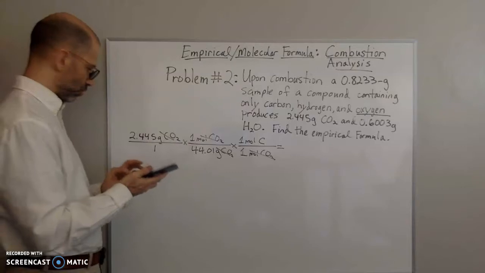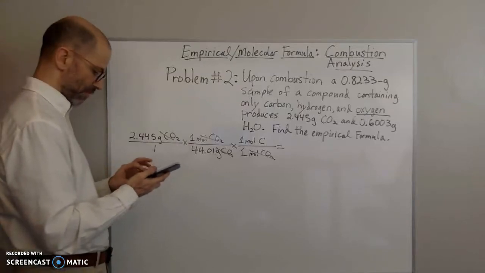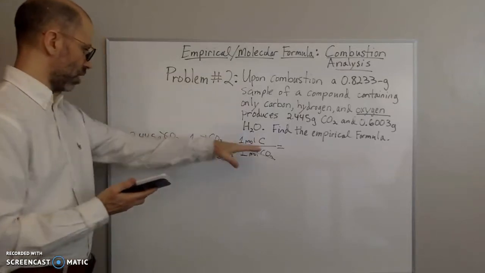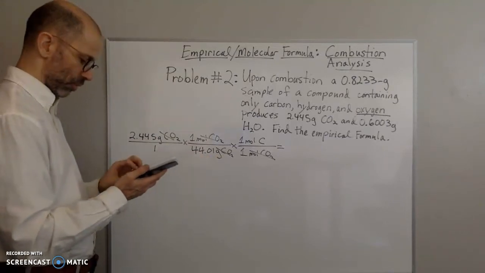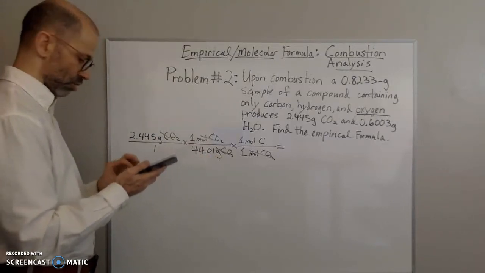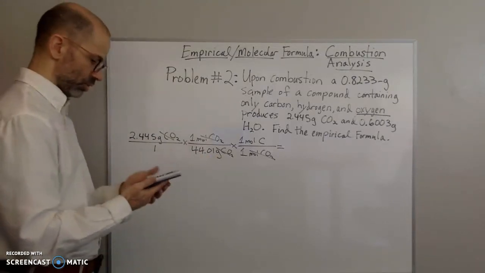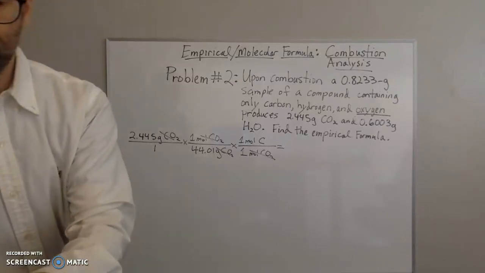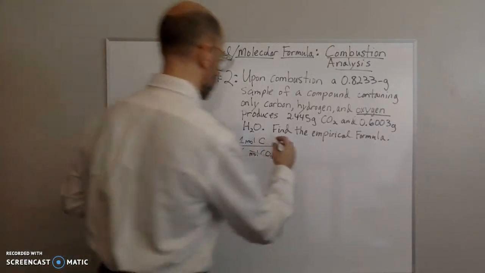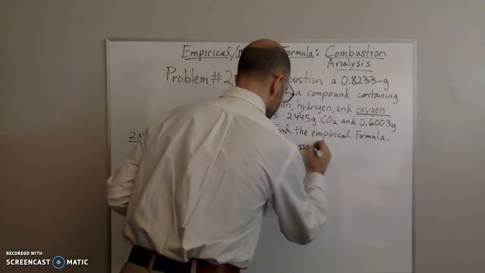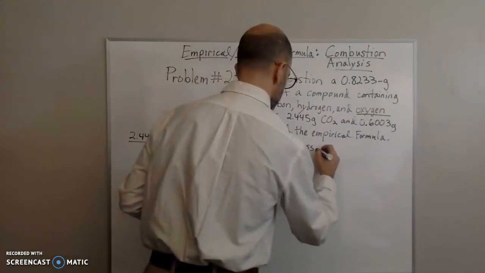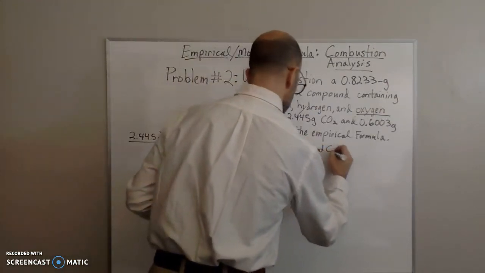So it'll be 2.445 multiply across. We got ones, we can ignore those. Divided by the bottom, 44.01 equals, and we get 0.05555 and so on moles of carbon.